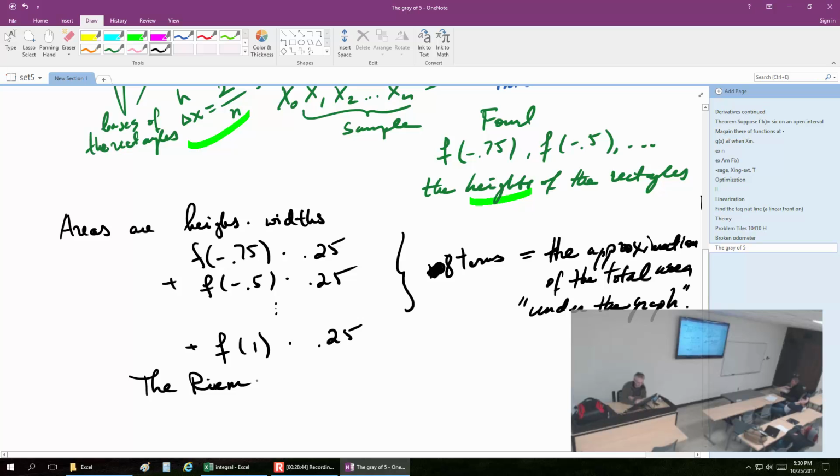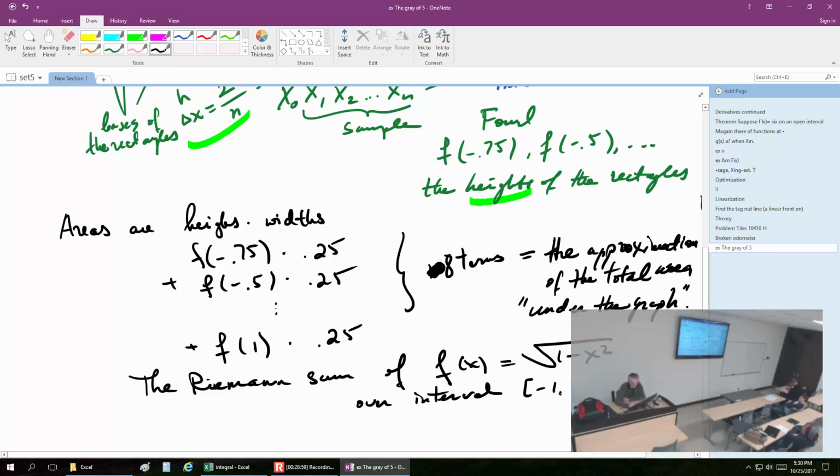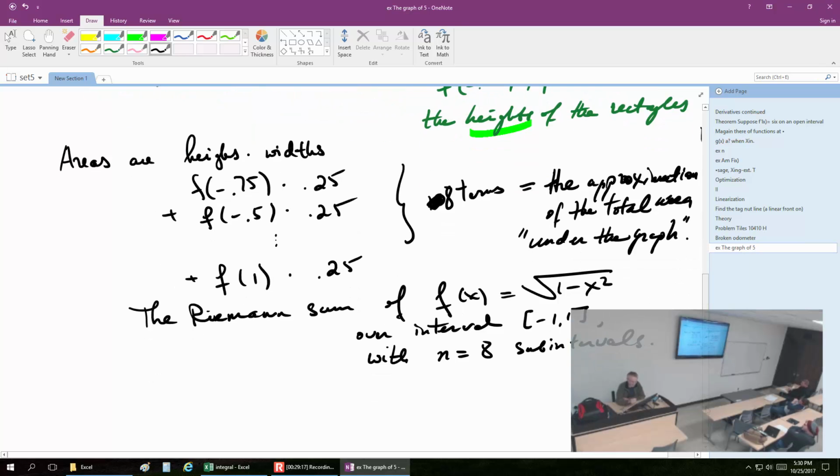The Riemann sum of f of x equal to square root of 1 minus x squared over the interval negative 1, 1, with n equal 8 subintervals. Altogether this part is called a subdivision. No, it's called a partition.